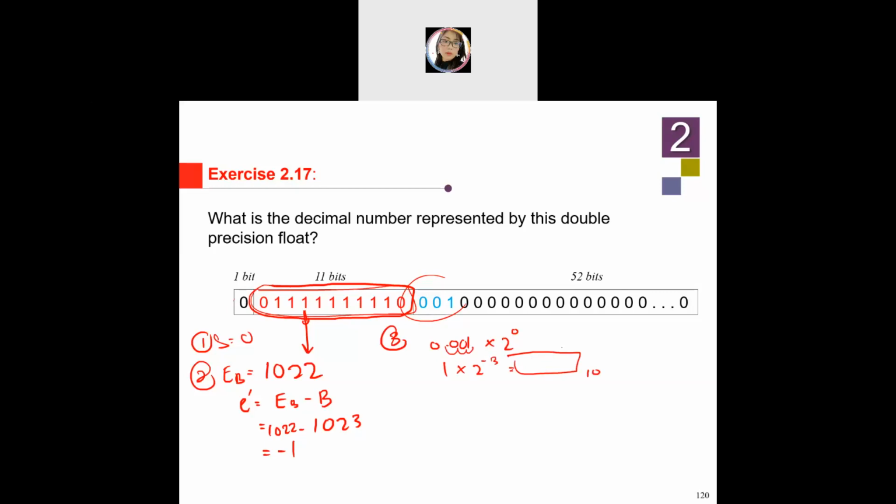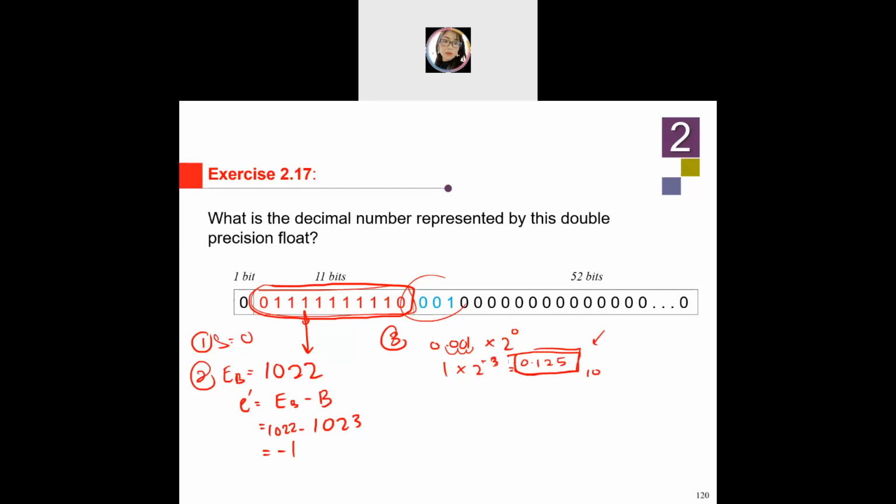What is the value? -3 to the power of -3. 0.125. Okay. The rest, is it correct or not? You can check later on.